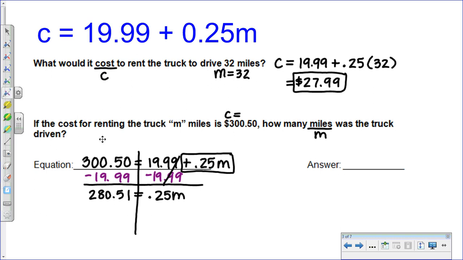The last step is to divide both sides by 0.25. And in our calculator, this gives us 1122.04. So how many miles was the truck driven? 1,122.04 miles.